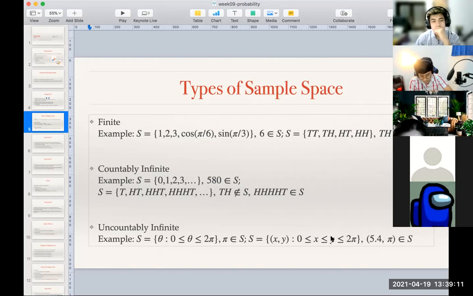But you might not know the values of X and Y. You cannot determine them, right? They only give you this kind of characteristic. So here, let's say 5.4 comma pi is an element of this specific sample space. It's possible if you are talking about pi here as 180. Right, so these are 3 types of sample space.